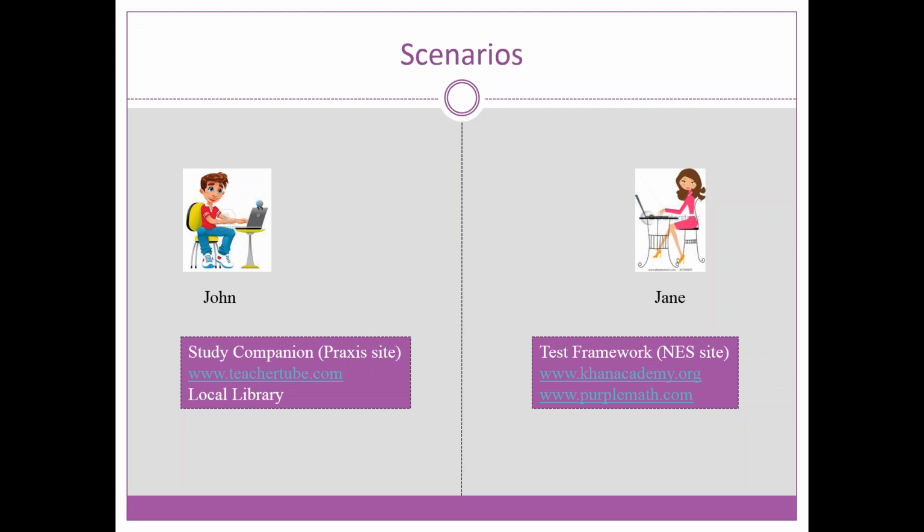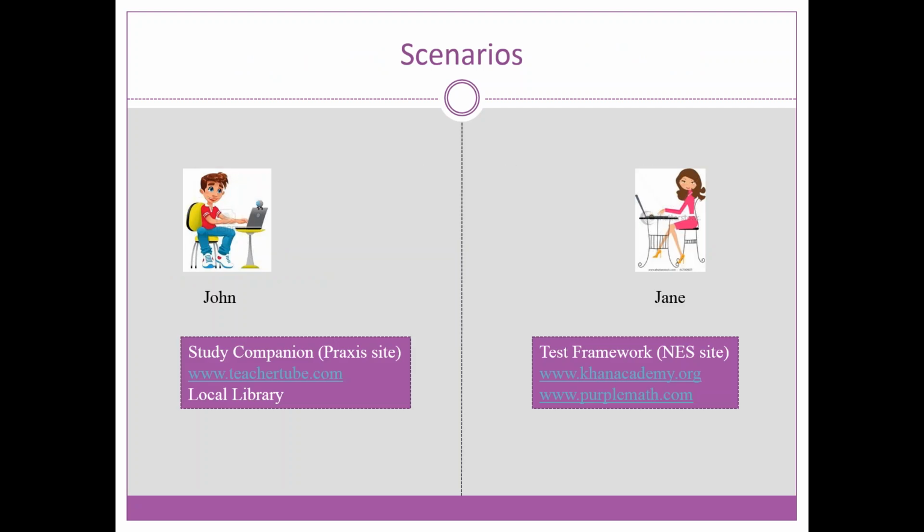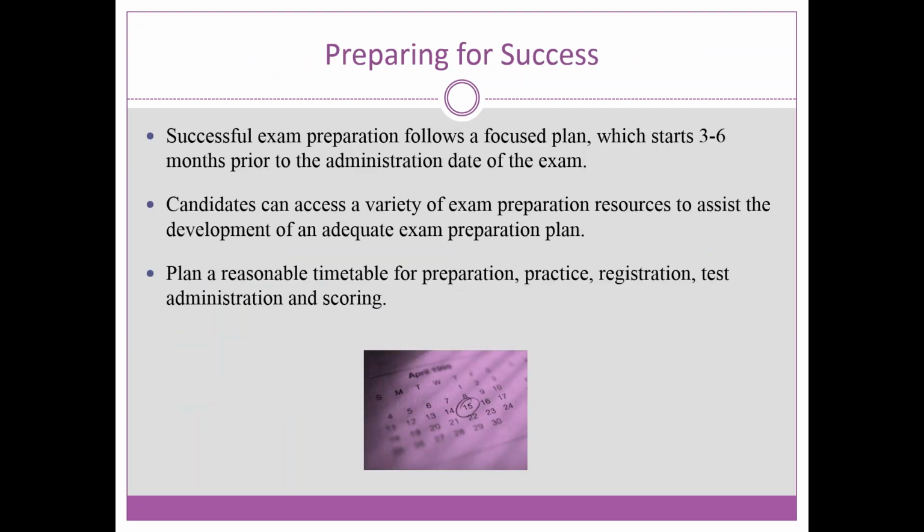So as you heard about the scenarios of John and Jane, think about how you can use preparation, reflection, and strategy to personalize your preparations and make use of the resources that are out there free and available. Preparing for success does take focus and time.